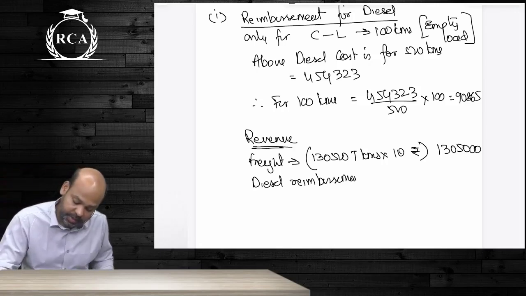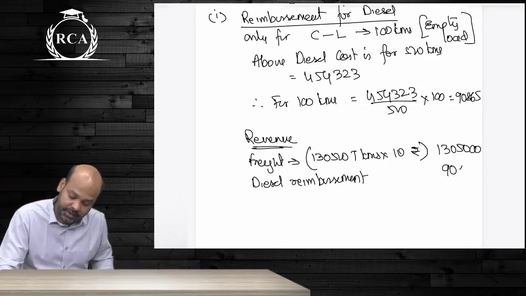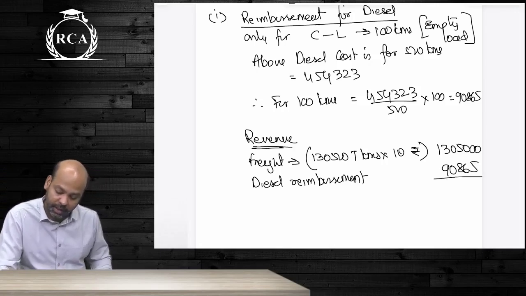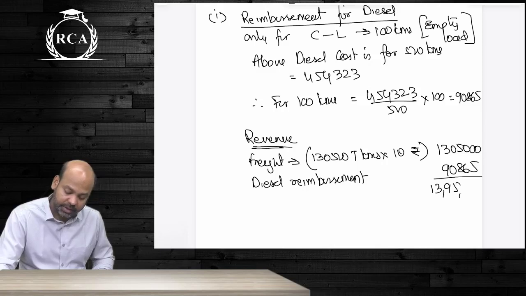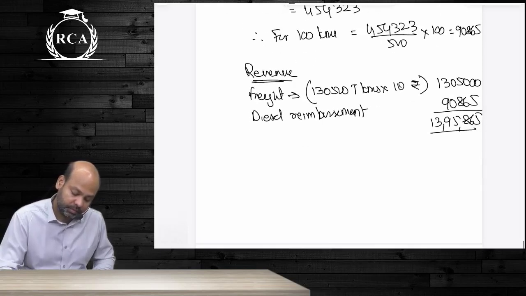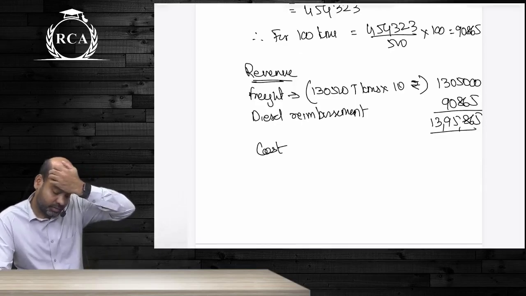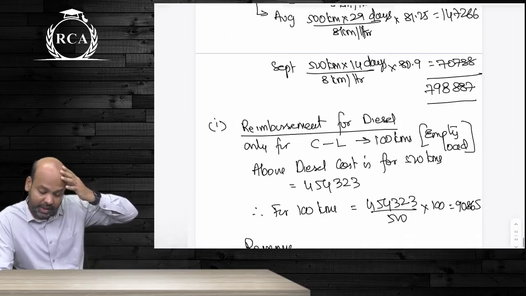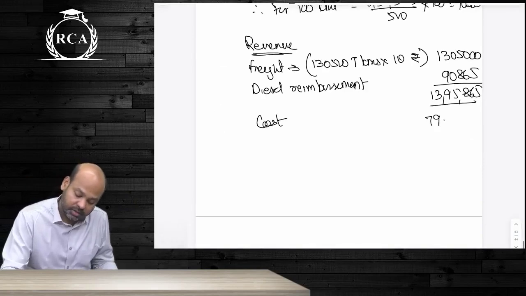Total guys would be 13,95,865. कॉस्ट कितना था बेटा अपना? ऊपर लिखे ना 7 lakhs. अब भी लिखे 7,98,000. प्रॉफिट गाइस.